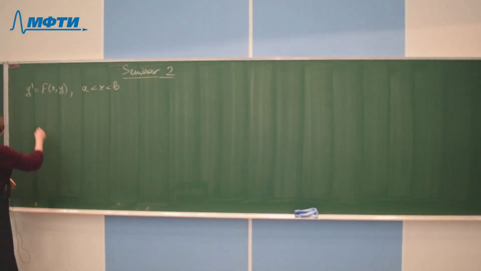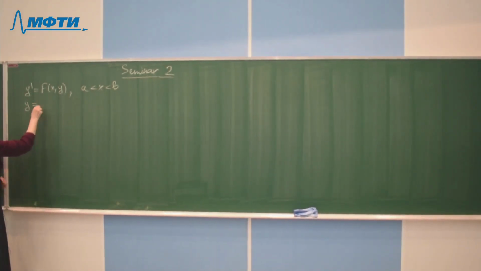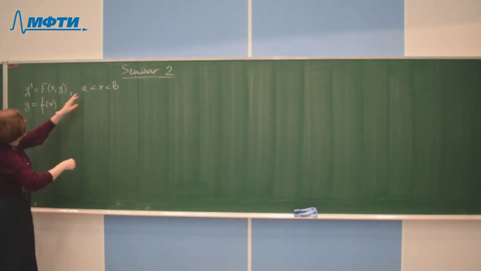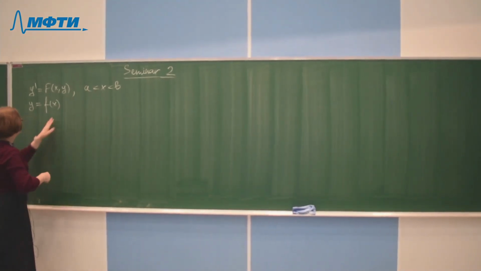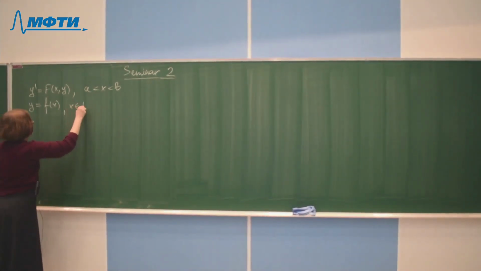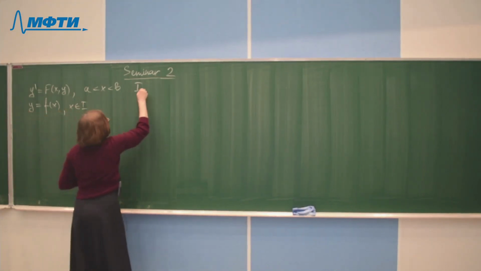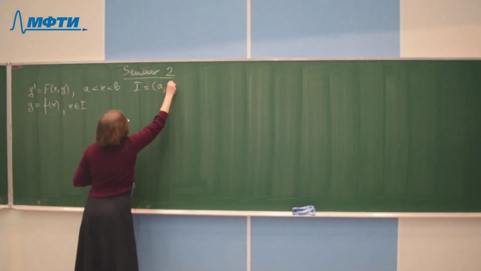And our goal is to find an explicit function, right? y is a function of x when x belongs to this interval I, where I is an open interval from a to b.